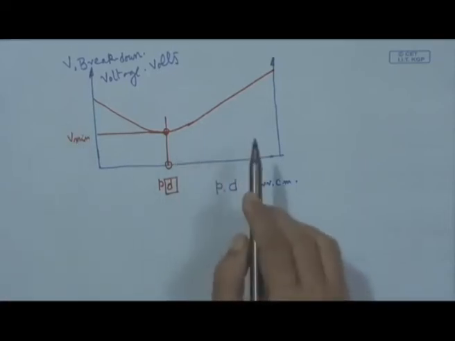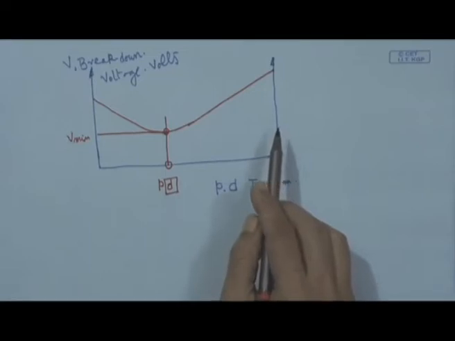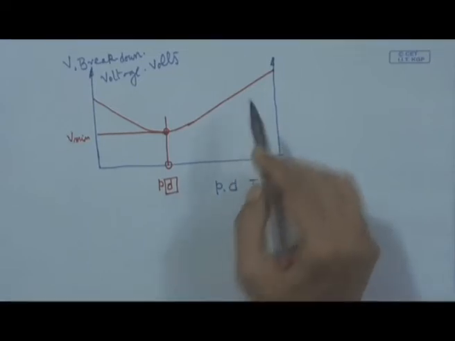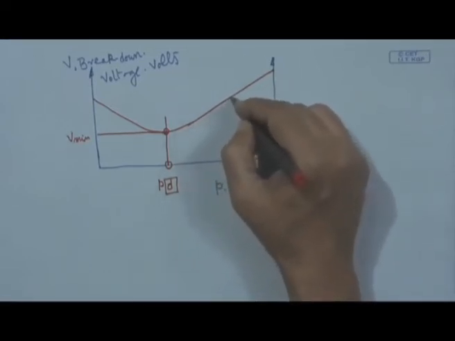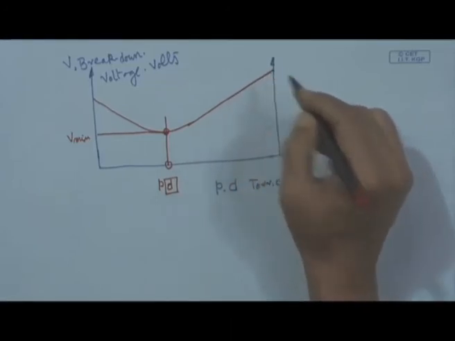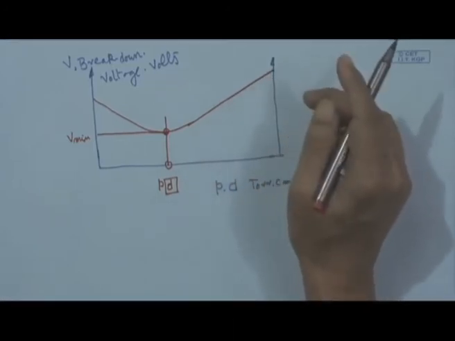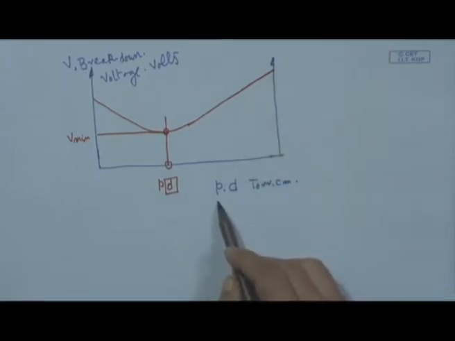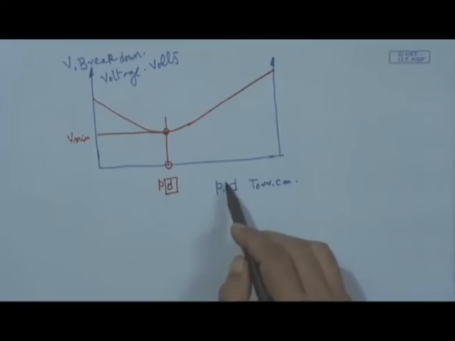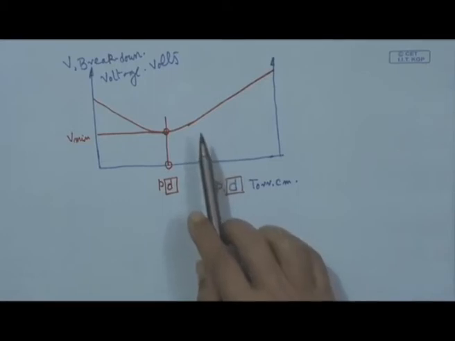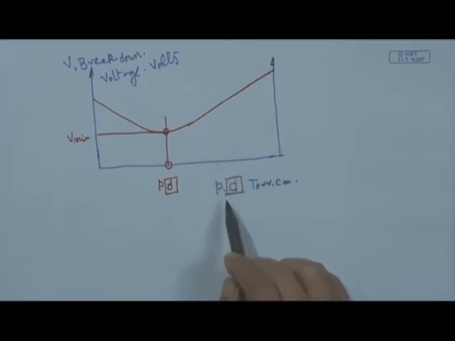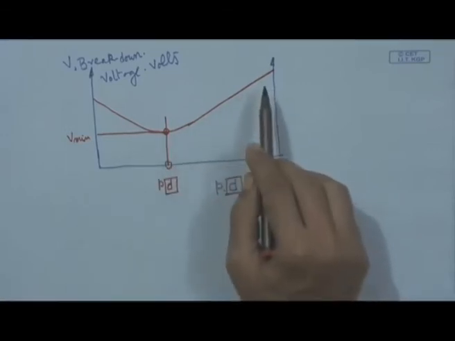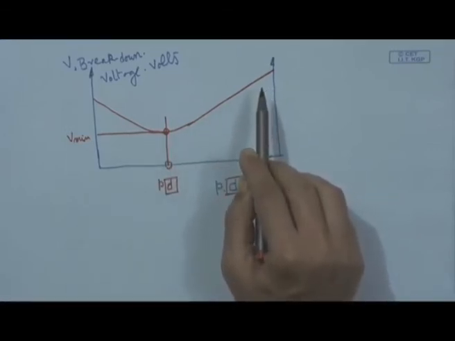On the other end, the requirement is also rising steadily. If we work with a high pressure, or if the standoff distance between the two electrodes is too high, then also the required voltage will be quite high.